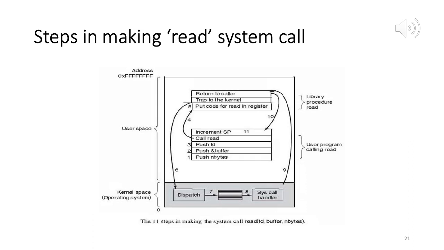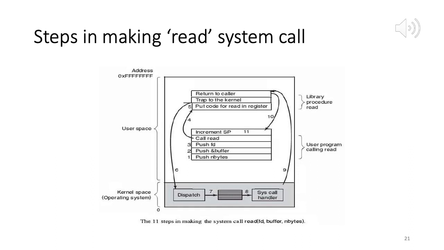Note that all this execution happens in the kernel space. Once the system call code is executed, results are passed back to the caller. That's step 9. And then the stack pointer is incremented, which means the previous contents, the FD, buffer, and N bytes, are erased for the next usage of the stack.